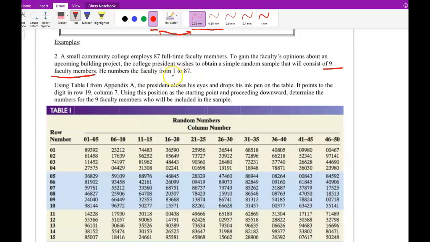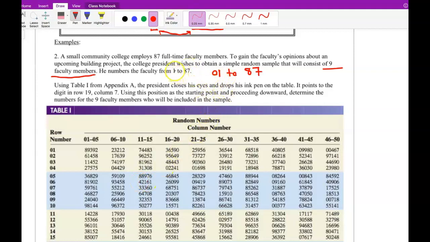Okay, I don't want to write it that way. I don't want to have this 1 digit, 1 to 87, because here it is 2 digits. It's better to write it like this, 01 to 87, because we're going to use this table and I don't want you to be confused about why I'm choosing 2 digits instead of 1.